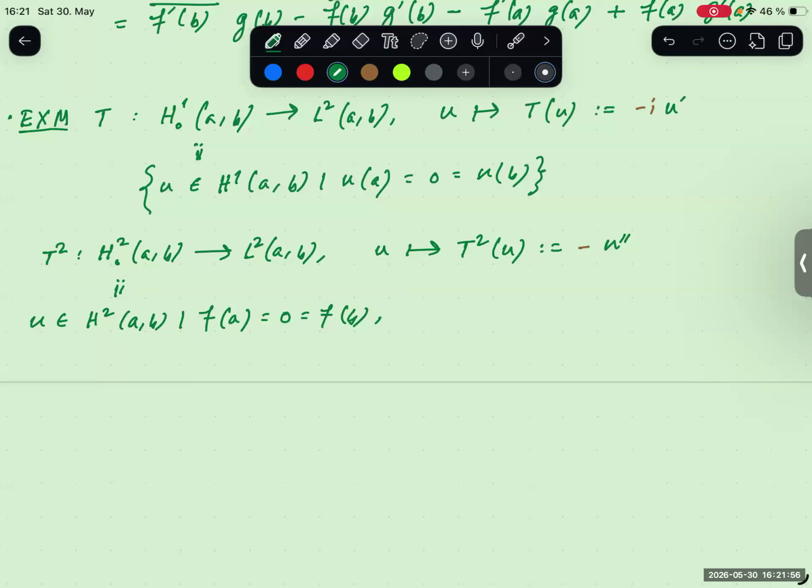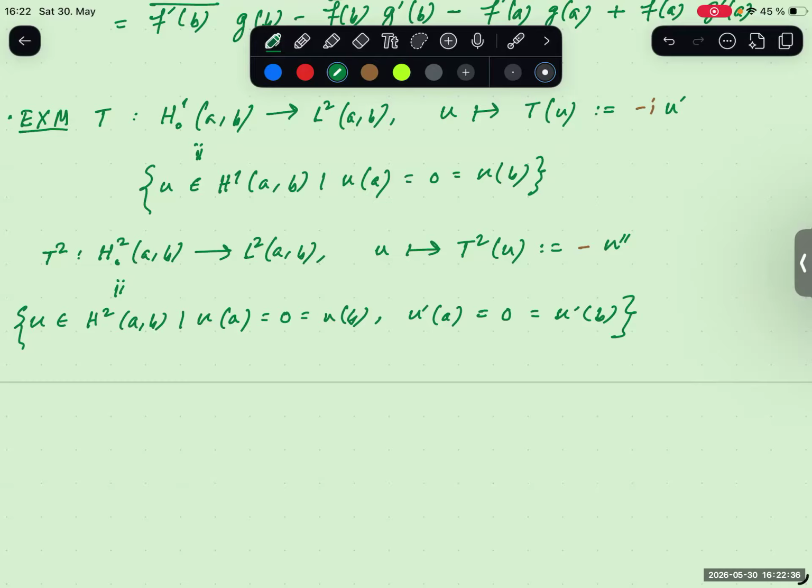So let's control its first derivative. Oh, sorry, I am mixing the notation. So the first derivative u'(a) equals 0, u'(b) equals 0.